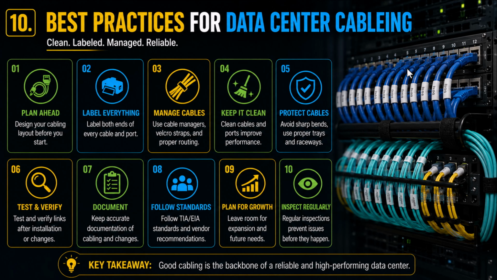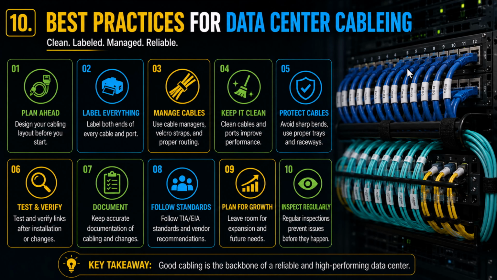Good cabling isn't just about getting the link up. It should also be clean, organized, labeled, and maintainable. Imagine troubleshooting hundreds of cables where nothing is labeled. Even if the network itself is designed perfectly, operations become very difficult. Good cabling practices make future changes easier, reduce human error, and dramatically improve troubleshooting.